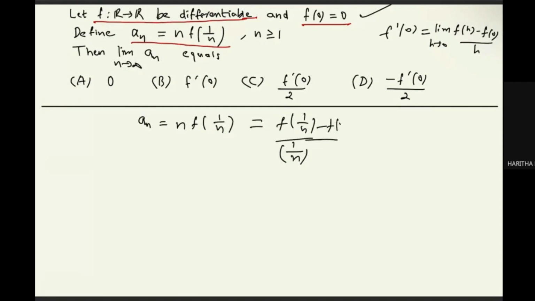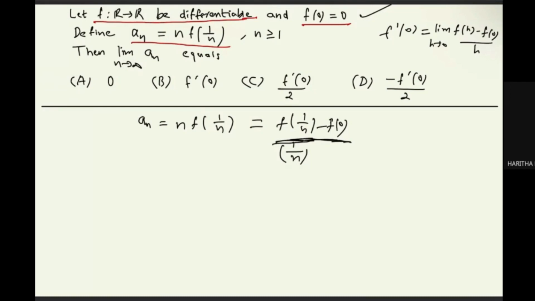So this is of this form. The sequence we are talking about we identified as being of the form f of 1 by n minus f of 0 divided by 1 by n, where this 1 by n is a sequence converging to 0.